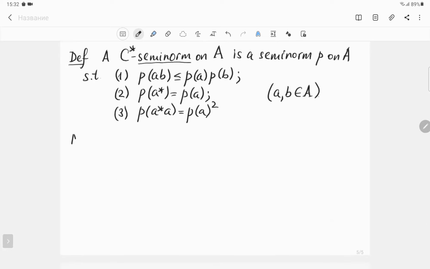Okay, now let's introduce some notation. Suppose that P is a C-star seminorm on A, and let IP denote the set where P vanishes.